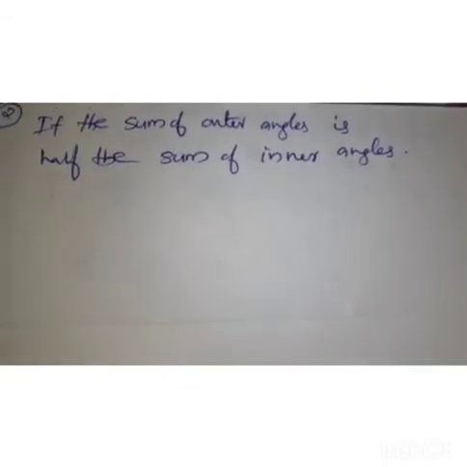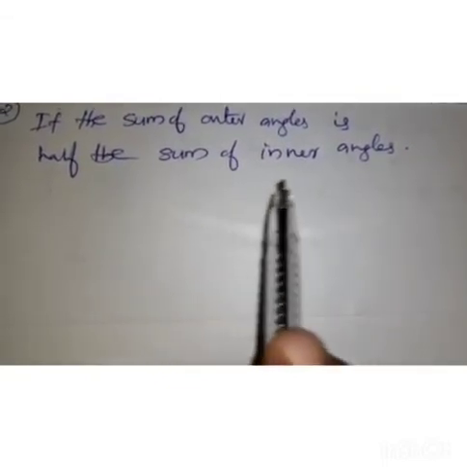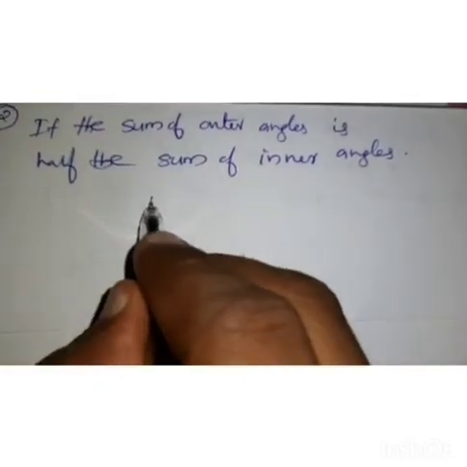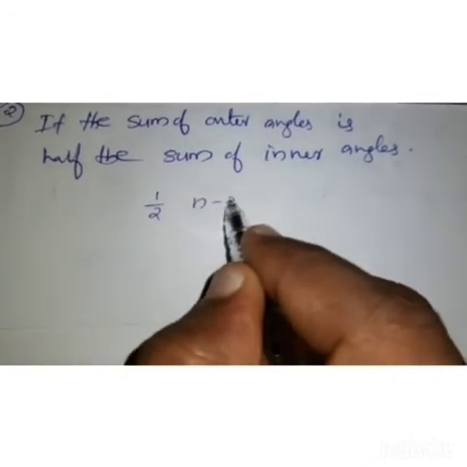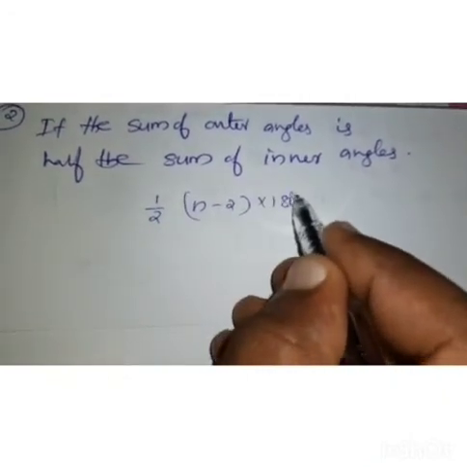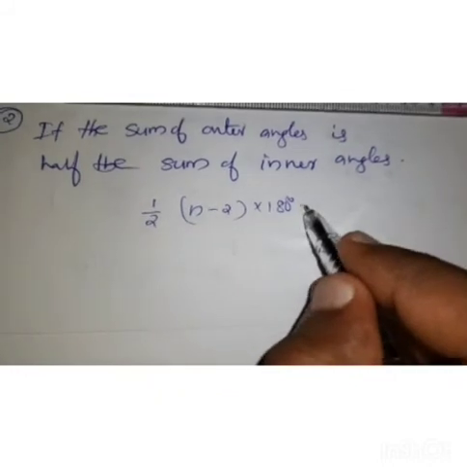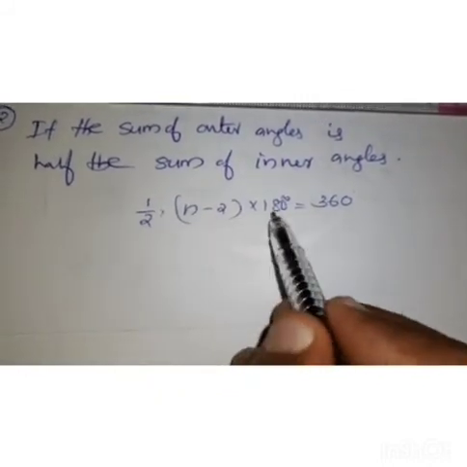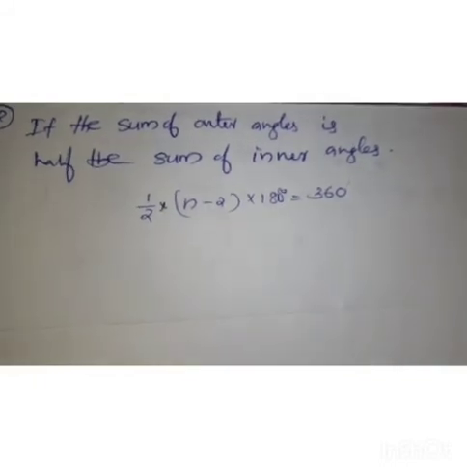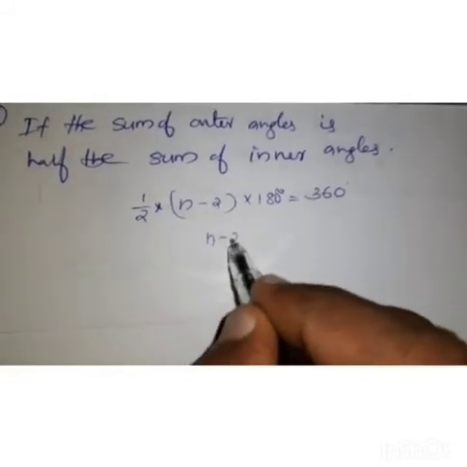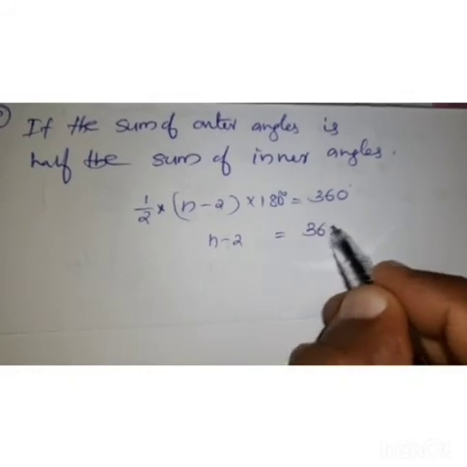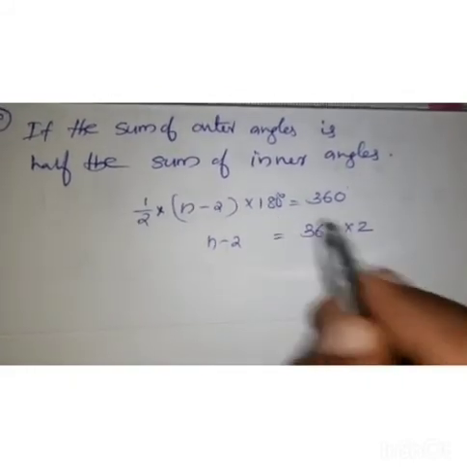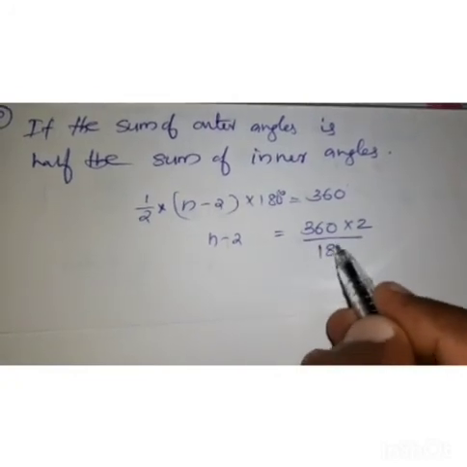Second question, if the sum of outer angle is half of the sum of inner angles. So half of the sum of inner angle is equal to sum of outer angle. So half into n minus 2 into 180 is 360. N minus 2 is equal to 360, here it is multiplied, it should be divided.